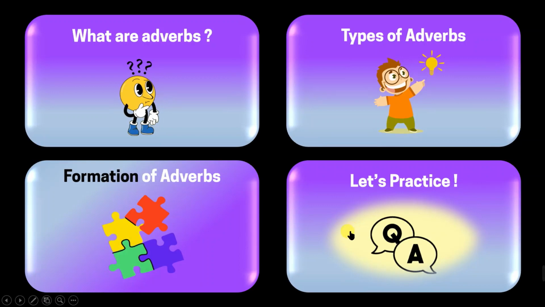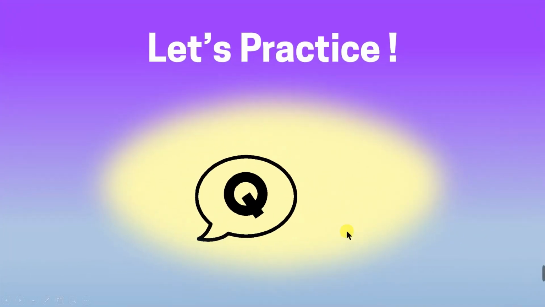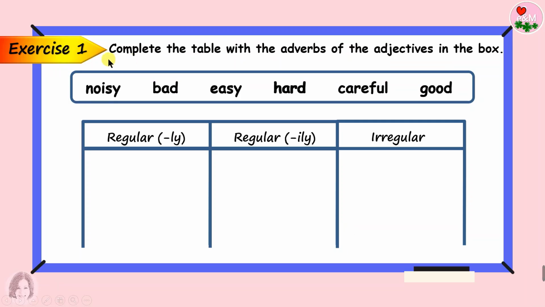Okay, so now it is time for exercise. Exercise 1. Complete the table with the adverbs and the adjectives in the box. The first adjective is noisy, ending in y.